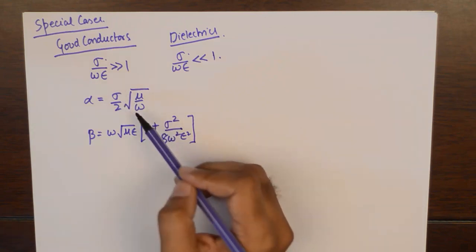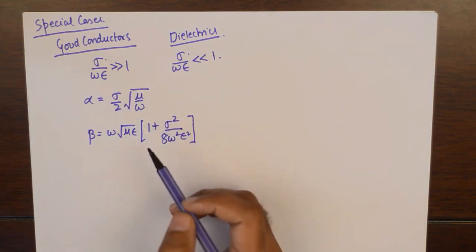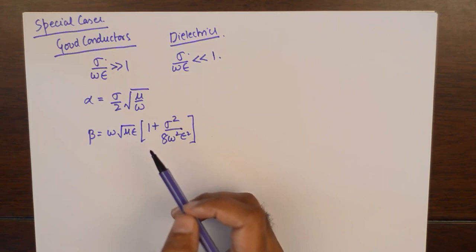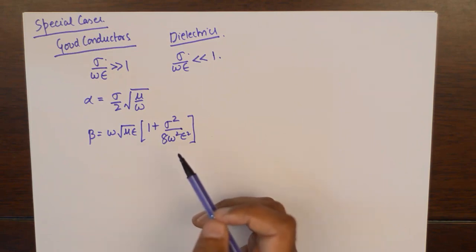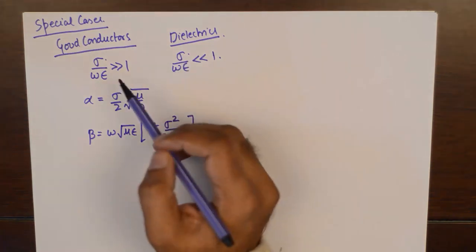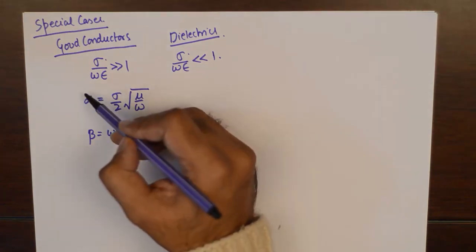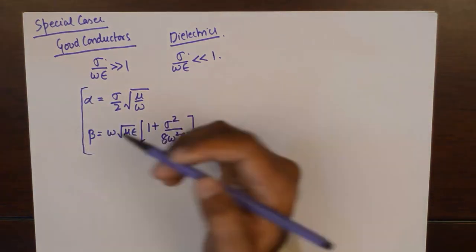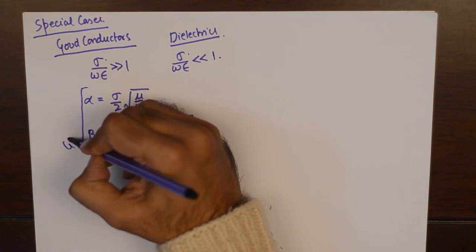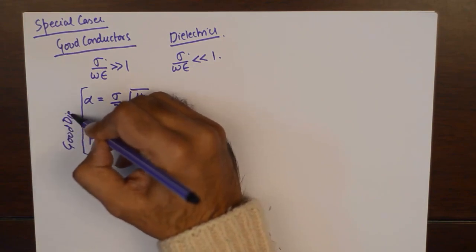But you can use these direct shortened formulas to solve numericals. These two values for alpha and beta are for good dielectrics.